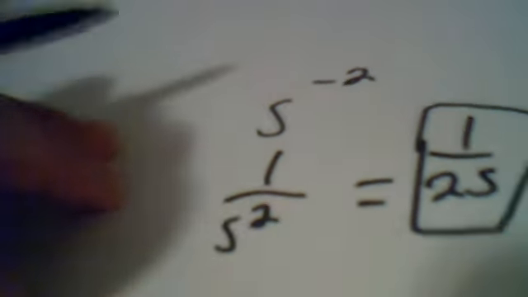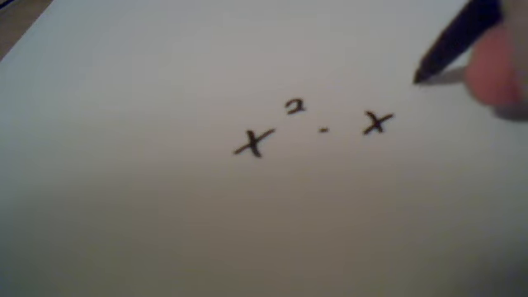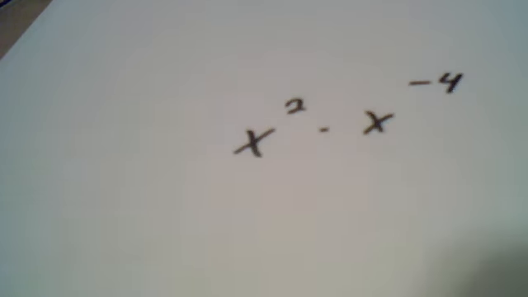Let's do another one. Say that we had x squared times x to the -4. Alright, you know, when you're multiplying numbers with the same base, you add the exponents.